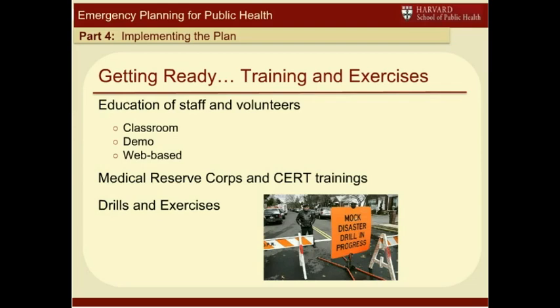Drills and exercises provide an opportunity for responders to apply their skills. Participating in exercises enables public health staff to become more comfortable with emergency procedures. Routine testing of the plan through exercises, drills, and tabletop discussions are essential to successful performance during an actual disaster response.